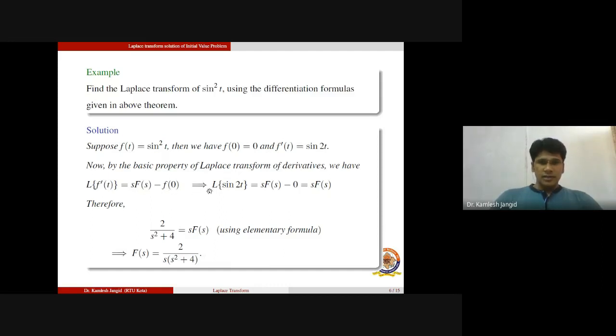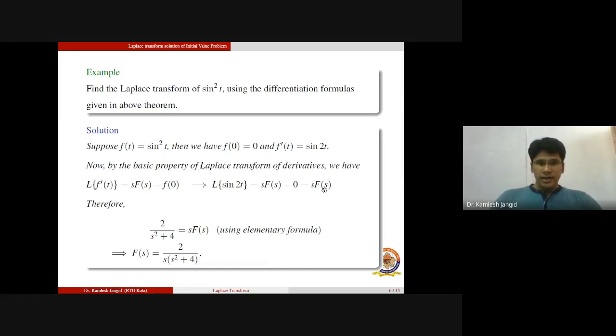So the Laplace transform of sin 2t, the first derivative of the function, is s times F(s) minus 0, because the function value at 0 is 0. So this is s times F(s), and we are interested in finding the Laplace transform of the actual function sin squared t. This capital F is the Laplace transform of small f.